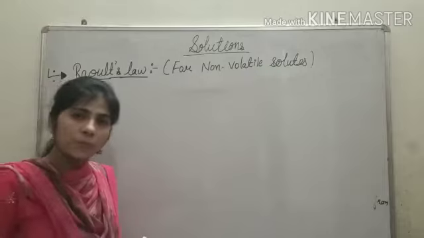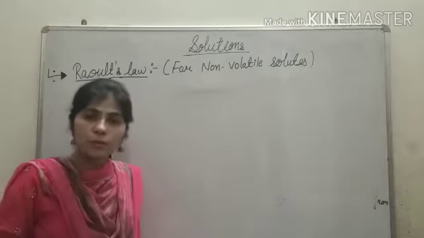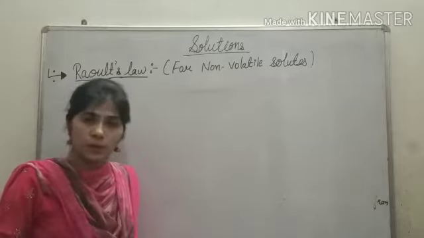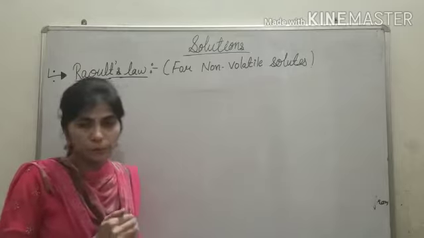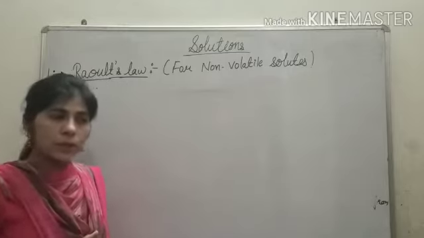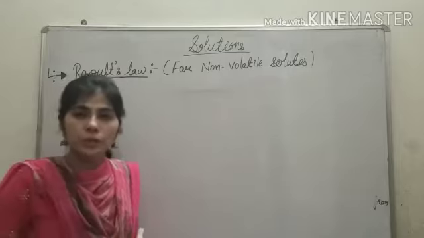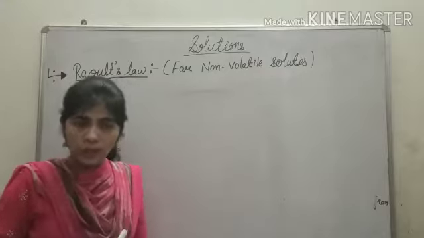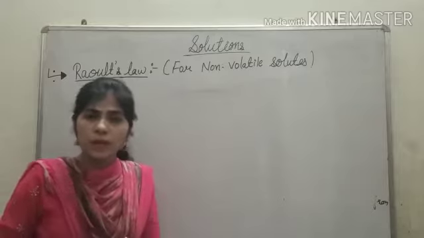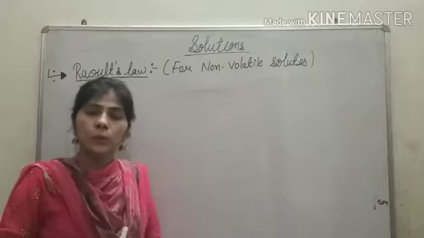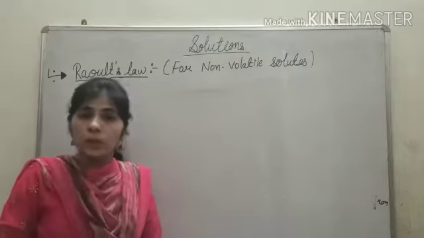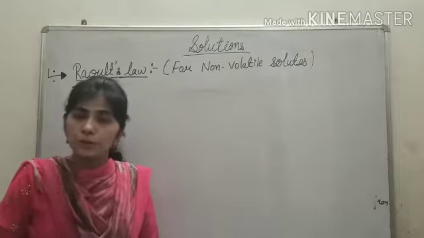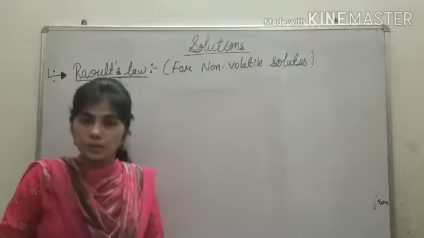Now I am going to tell you the effect of adding non-volatile solute on the vapor pressure. Students, evaporation is a surface phenomenon. It is observed that on adding non-volatile solute, the vapor pressure of the solution decreases.